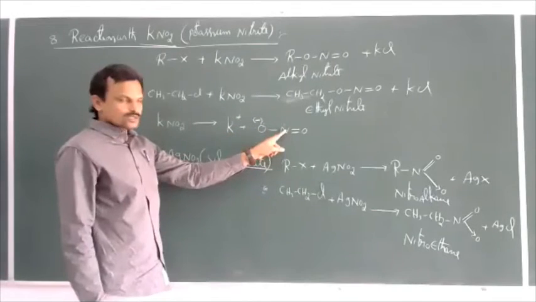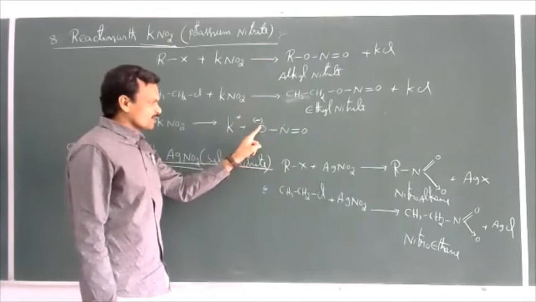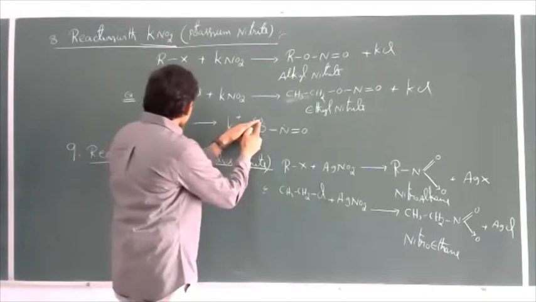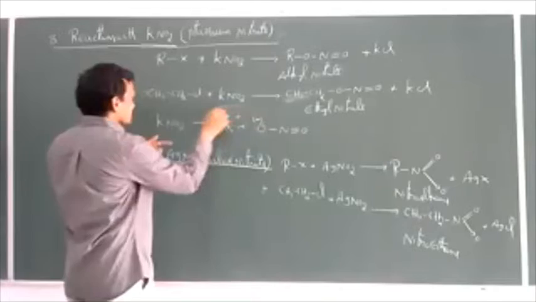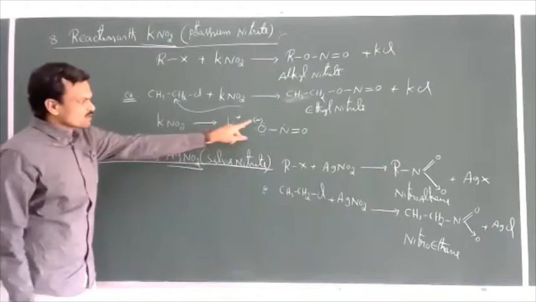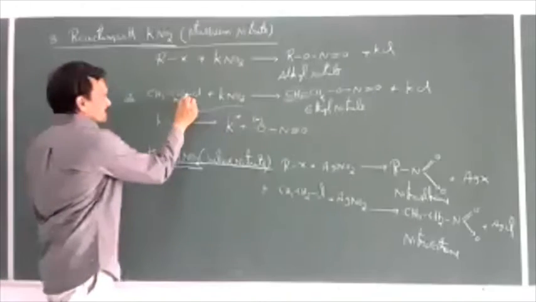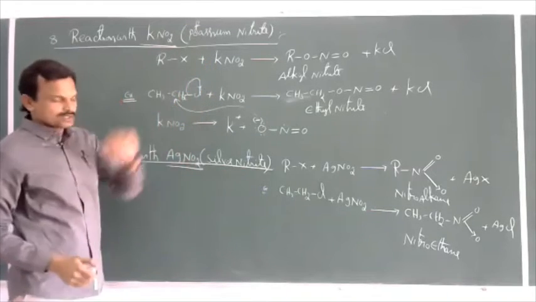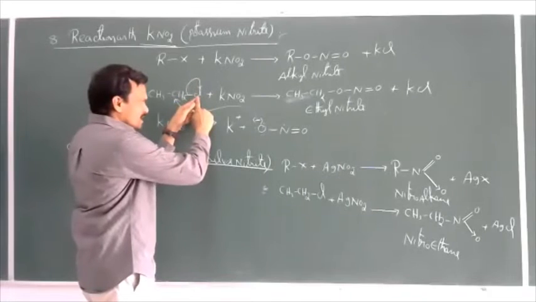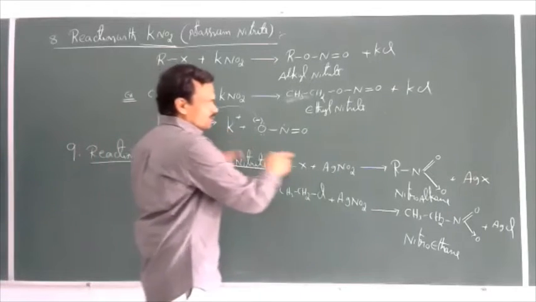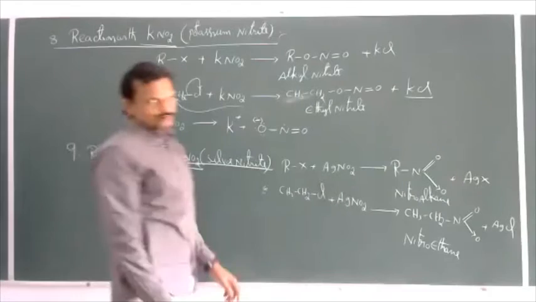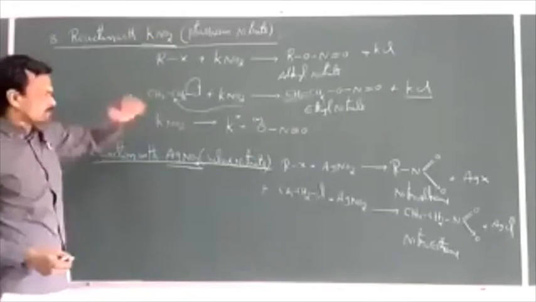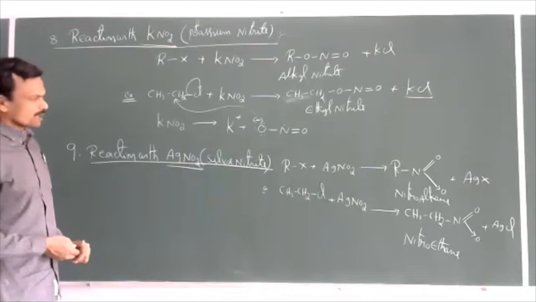So among nitrogen and oxygen, oxygen can donate a lone pair of electrons readily. So this O minus can attack this alkyl carbon. When this O minus attacks this alkyl carbon, then the electron pair of the C-Cl bond is gained by Cl, and Cl minus gets separated. The Cl minus and the remaining K plus both combine to form KCl. So reaction with KNO2 takes place by the formation of ions, an ionic mechanism.